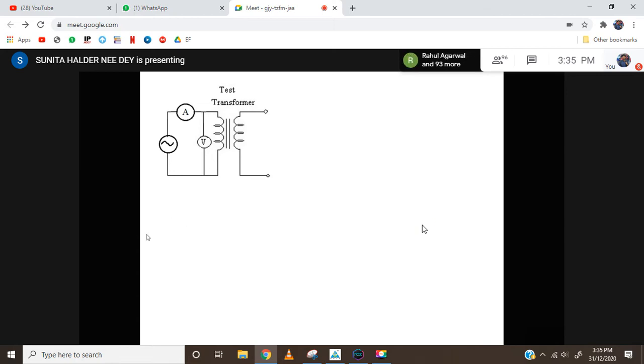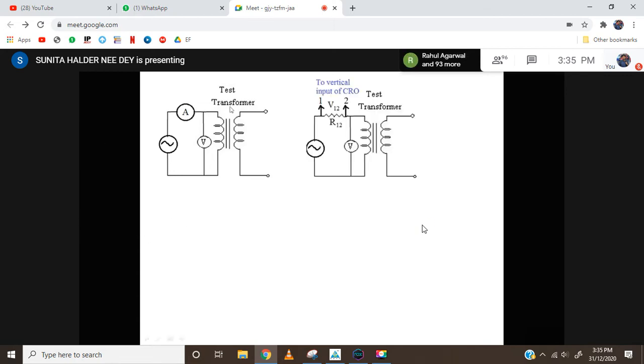So we shall put a resistor in the primary circuit instead of the ammeter, and this voltage drop we must give to the vertical input of the CRO, the Y plate, and the X plate will be the time. Understood?